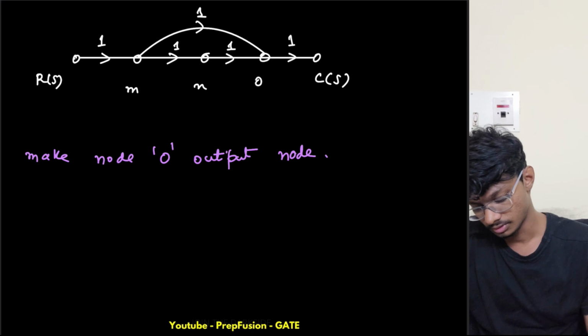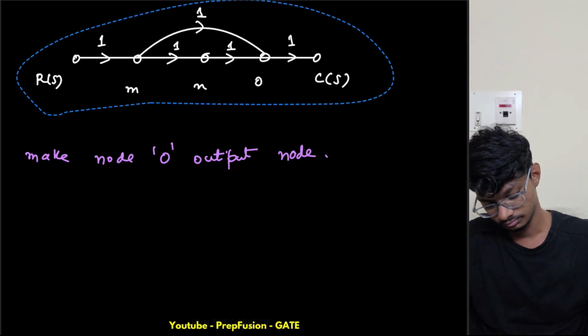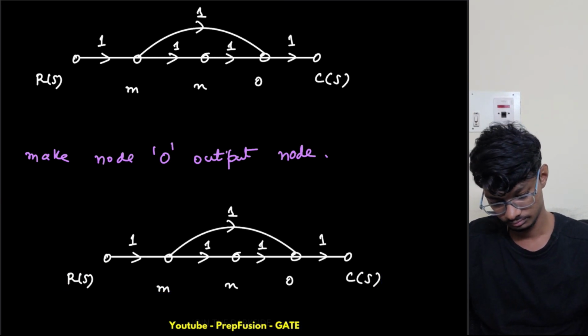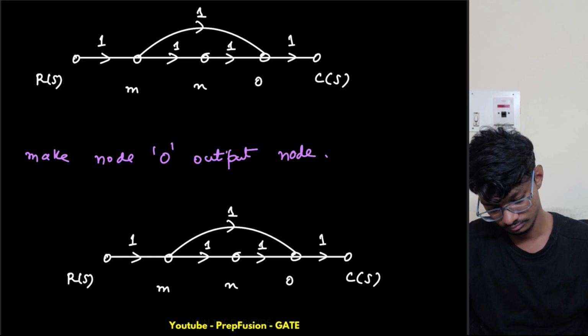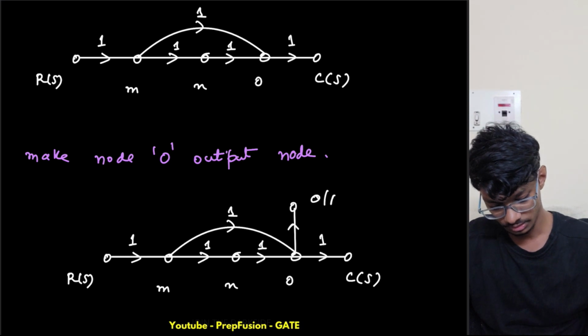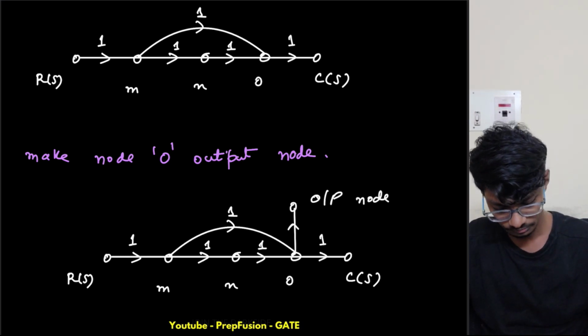So what I will do, copy this, I take a node out from here. So this is the output node and this is 1.